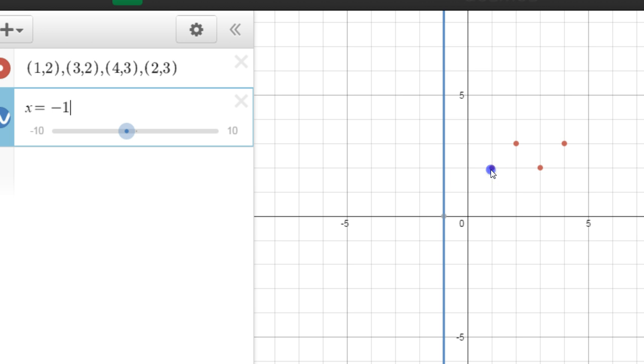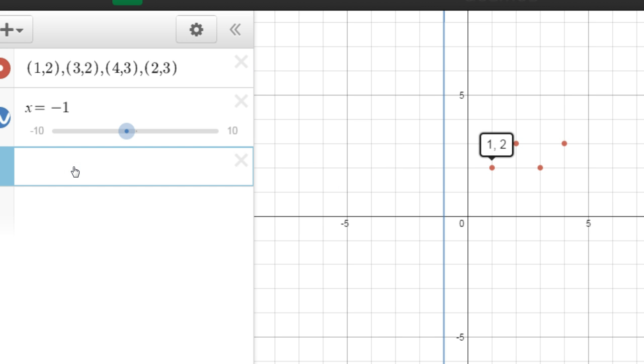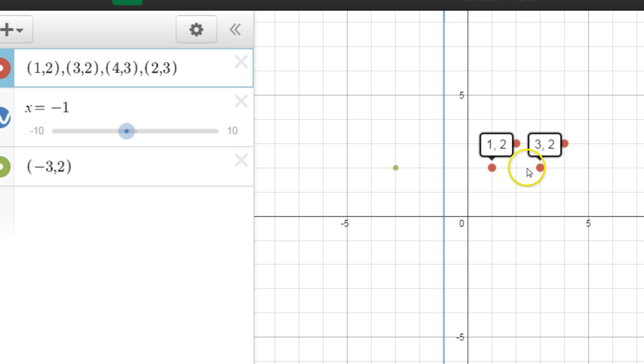So if you notice this first point right here, 1, 2, is 2 units from the line. So over here at -3, 2, we would have the other point. Okay, and then we would do the same thing here with this 3, 2. It is 1, 2, 3, 4 units from there, so this one has to be 4 units from here. So 4 from that would be -5, 2.